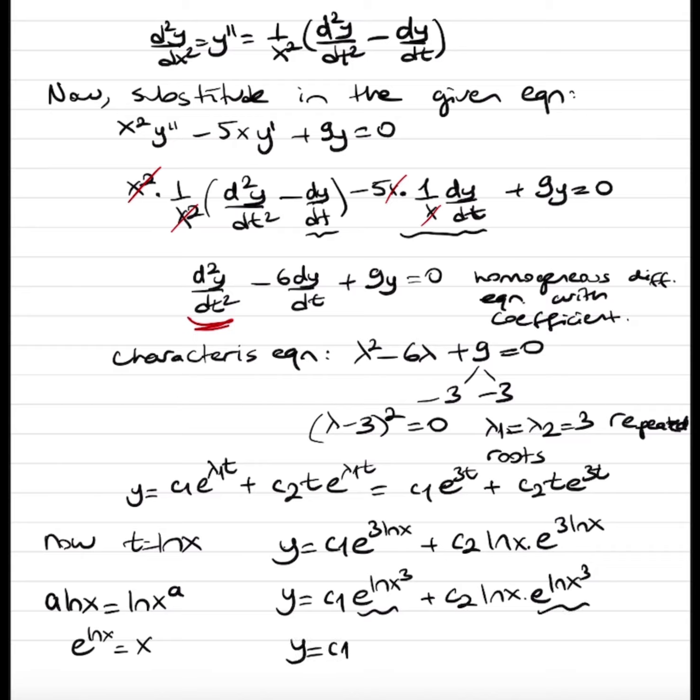So let's simplify: e to the power 3 ln x is x cubed. No e anymore. So c1 x cubed plus c2 ln x times x cubed.